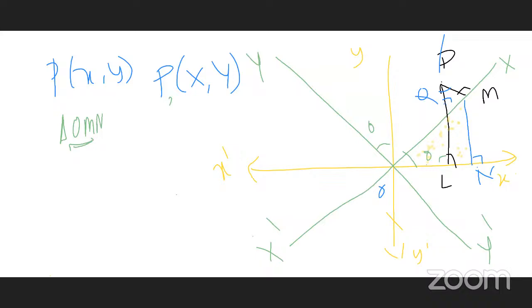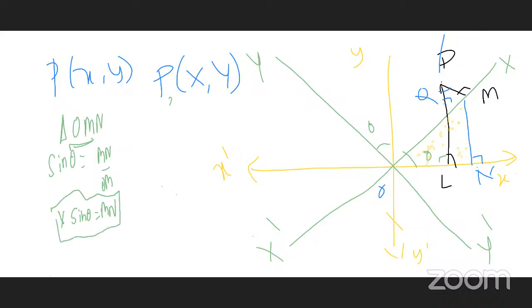In triangle OMN, sin theta is equal to opposite MN by OM. So OM value is X. So X sin theta is equal to MN.